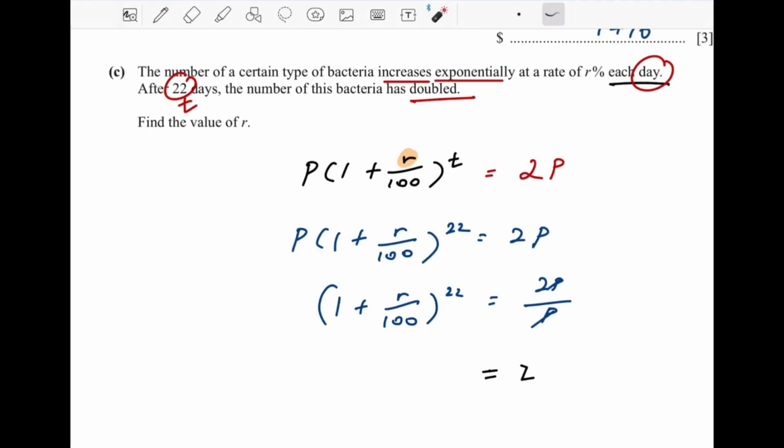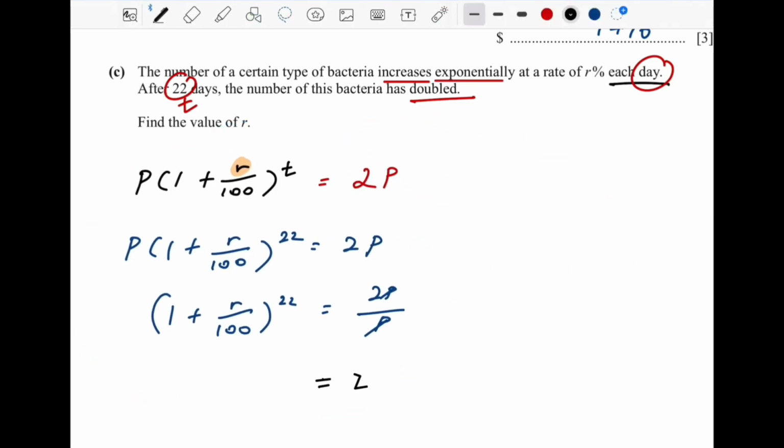Then power of 22, bring to the other side the root of 22. Okay, find R. Put everything in the calculator: the 22nd root of 2, minus 1, times 100, 3.2. So R equals 3.2%. That's the value for R.